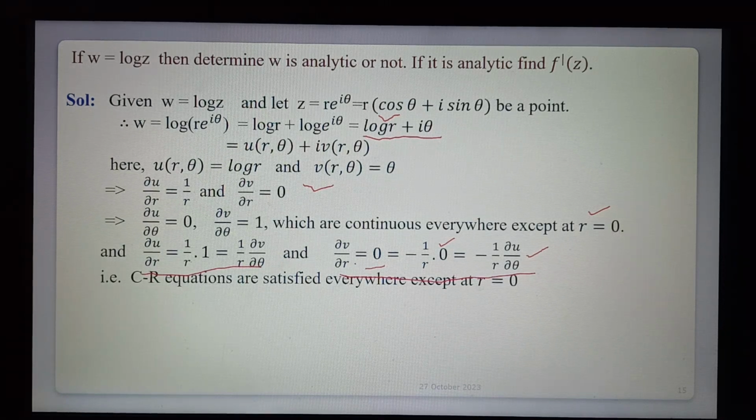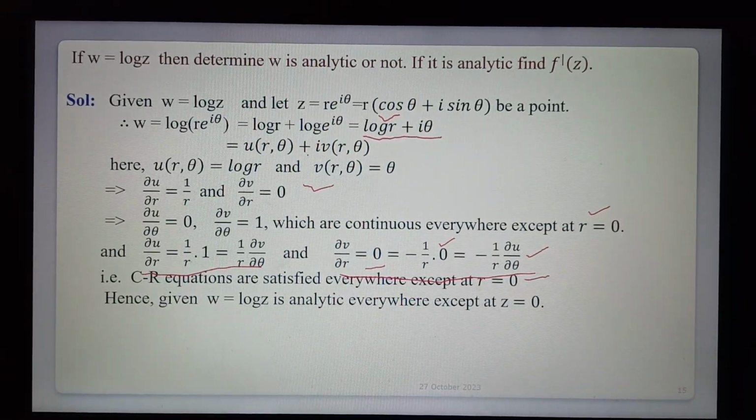The CR equations are satisfied everywhere except r is equal to 0, that is, z is equal to 0.